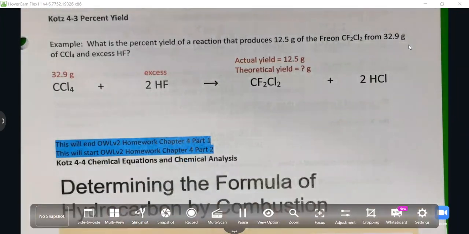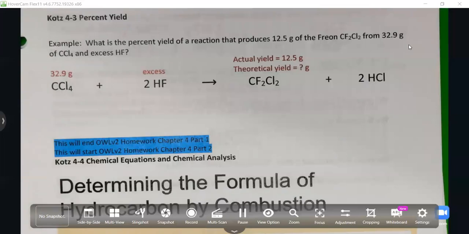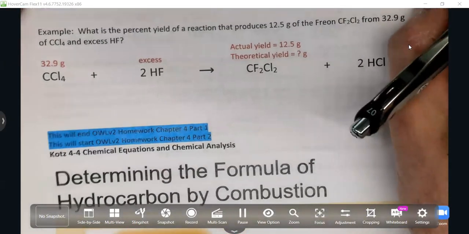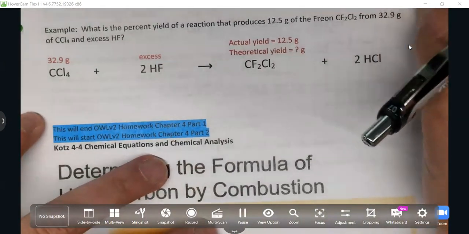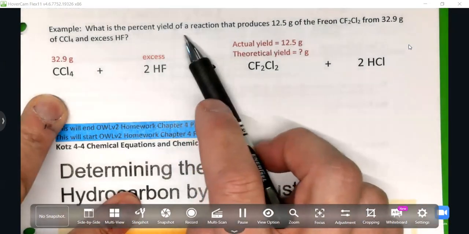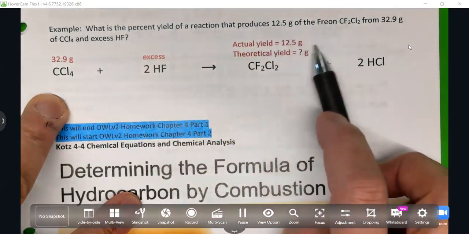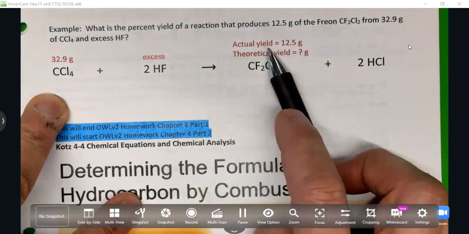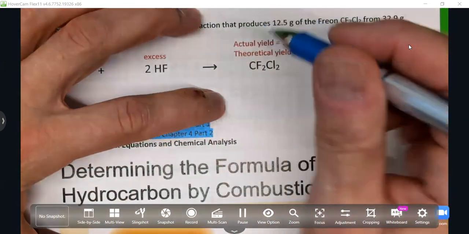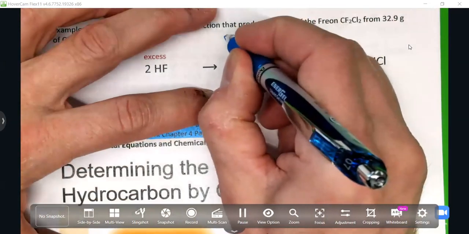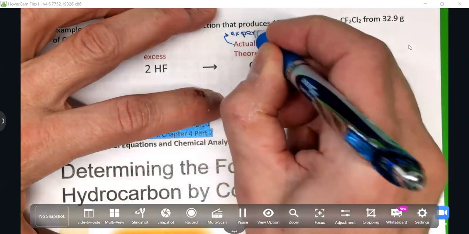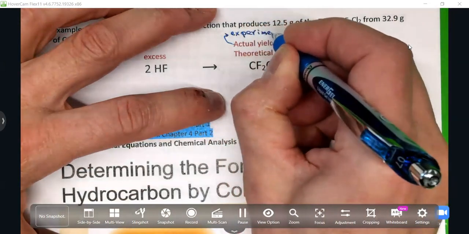Just like we did our quiz questions, and you have a lab coming up where you'll calculate percent yield. So this is the actual yield or experimental yield. Actual, experimental, lab yield, whatever. Probably we would call it experimental yield.